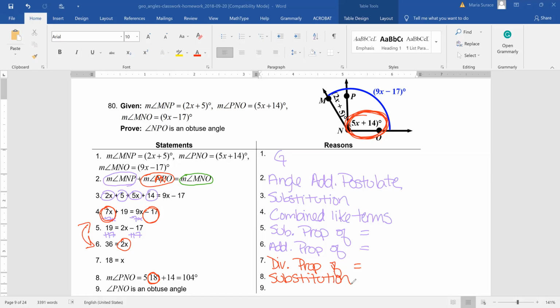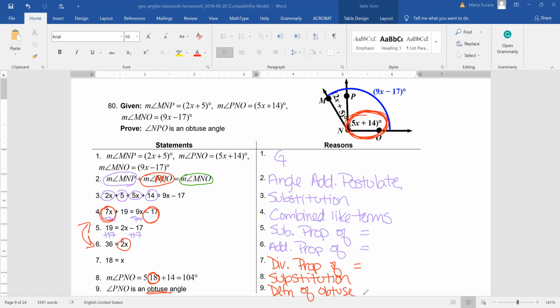When we solve and plug in 18, we get 5 times 18 plus 14, and we get an angle of 104, which means that the conclusion we can draw is that PNO is obtuse, because the definition of an obtuse angle is an angle that's greater than 90 and less than 180.